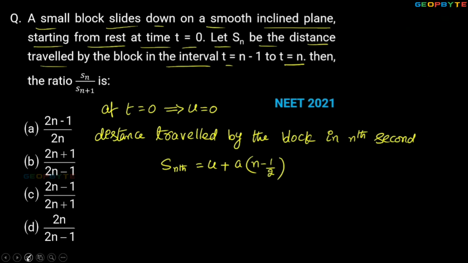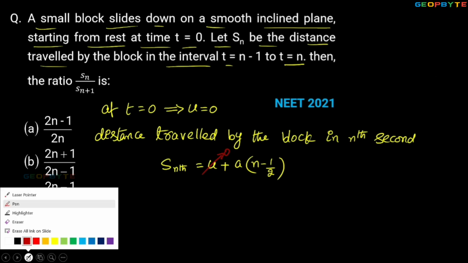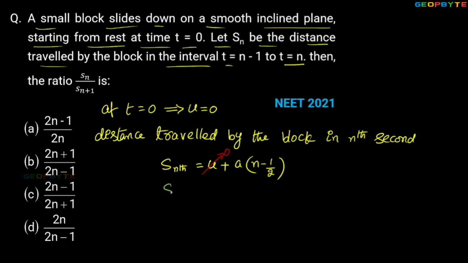Okay. Here u equals 0 because it starts from rest. Then s nth, the distance traveled by the block in the nth second, equals a into 2n minus 1 by 2. It is equal to a by 2 into 2n minus 1.